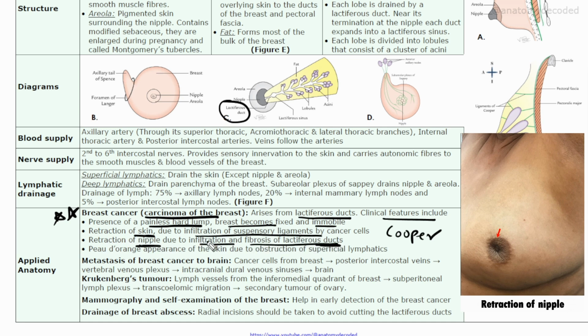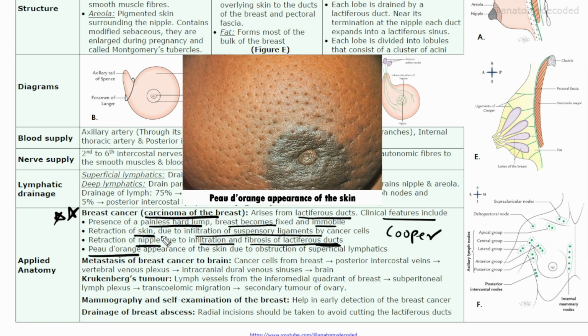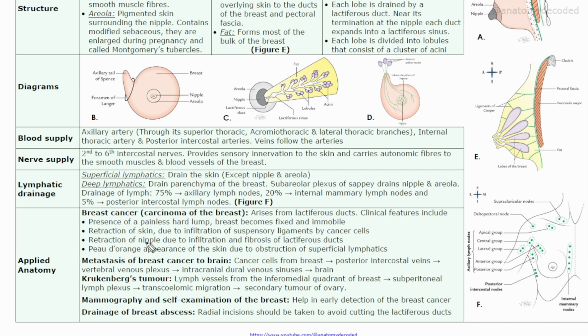The word infiltration means the cancer cells are going inside those structures. Then there could be peau d'orange, the orange-peel appearance. It's an orangish skin which develops due to the obstruction of the superficial lymphatics. So these are the clinical features of breast carcinoma.